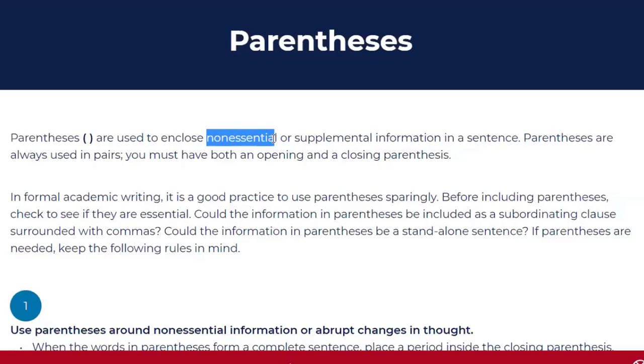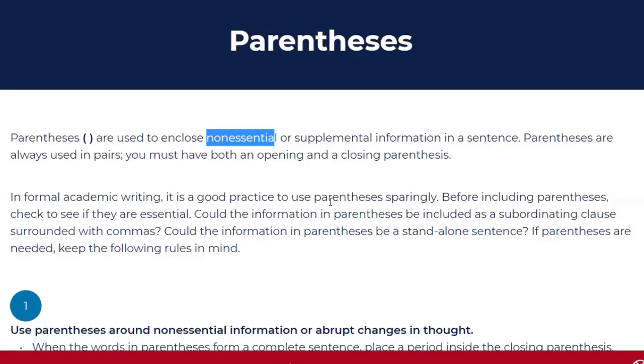If you find any information that is something important, that shouldn't be in parentheses, meaning it is essential, then you can take that information and put it in the main text, in a standalone sentence or in any other way, using some clauses.